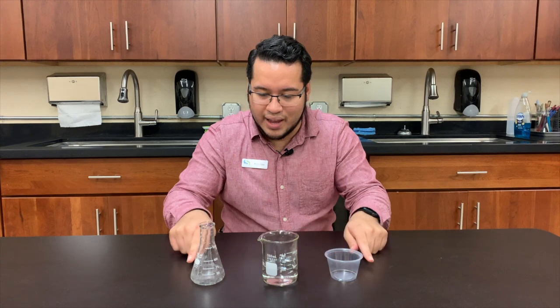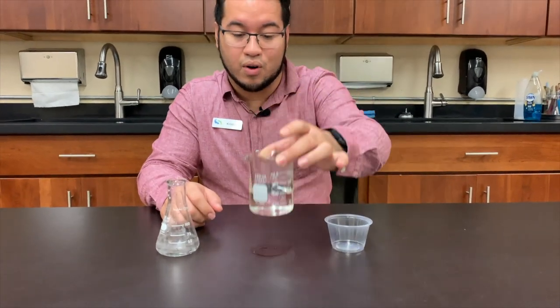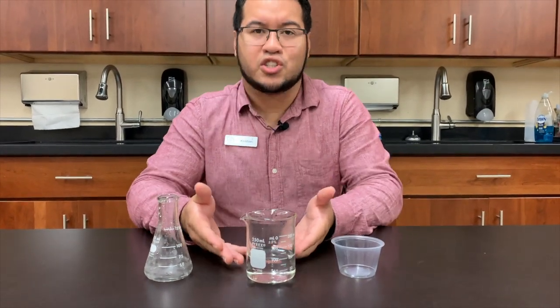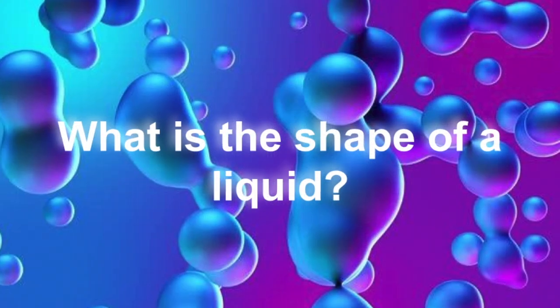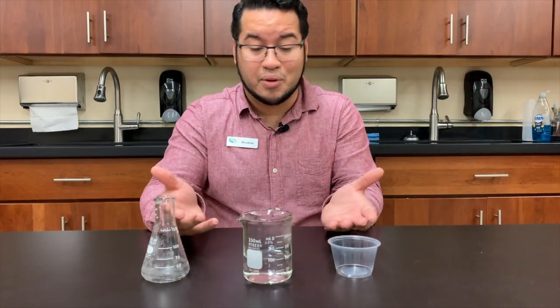So let's look at some of the tools that I have here. I've got a little beaker full of water here, and if we're going to study this water, what shape do you think it's in? Well, that question can be kind of hard to answer because liquids can change their shape based on whichever container they're in.